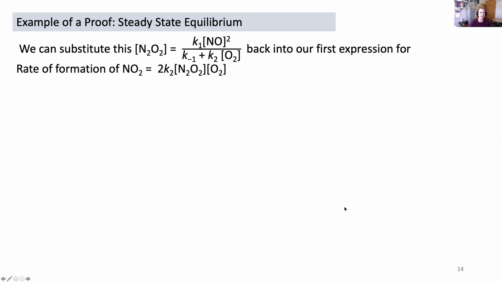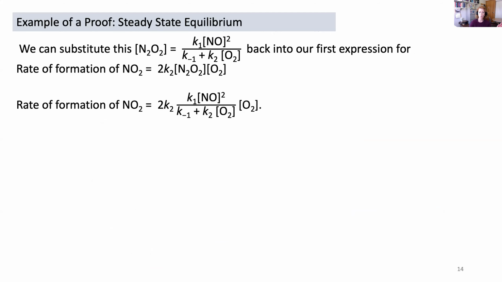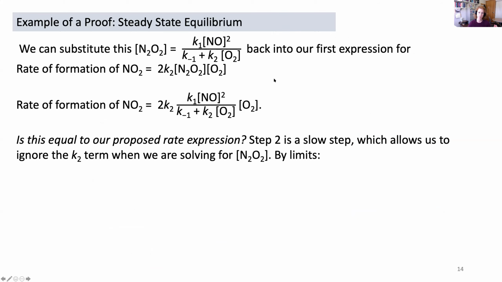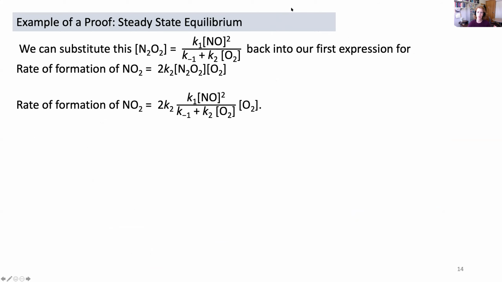If I do that, it looks really complicated and it doesn't look like our initial rate expression. If you remember what our initial rate expression was, the experimental rate law was equal to a rate constant k times NO squared times O2.